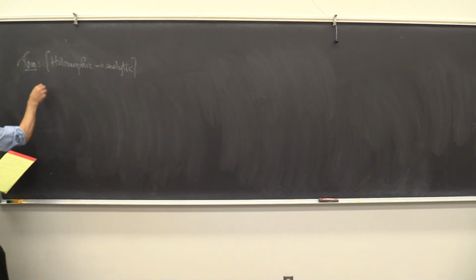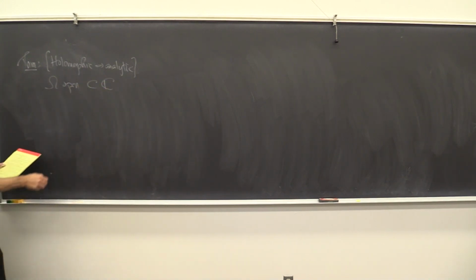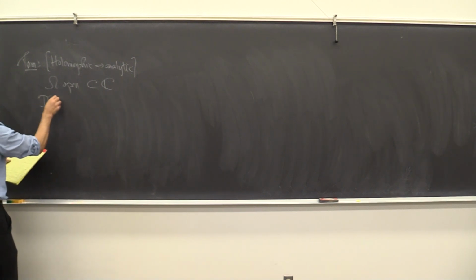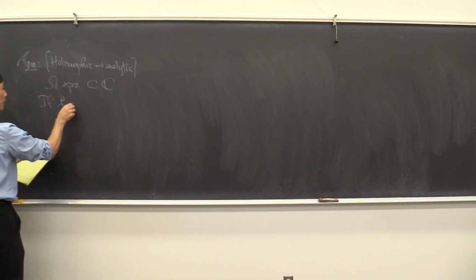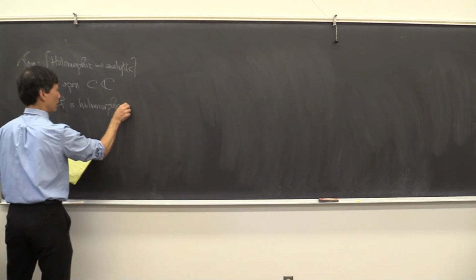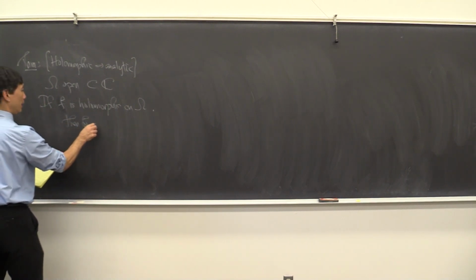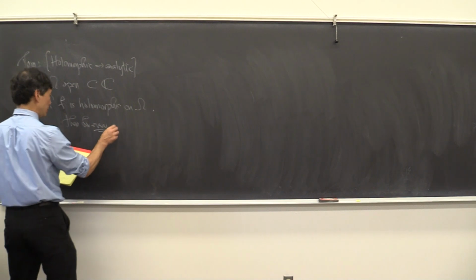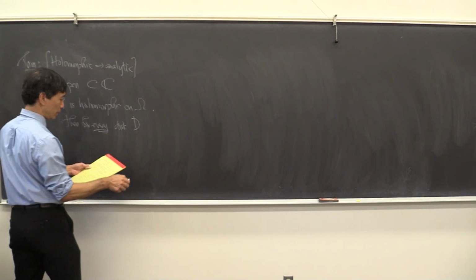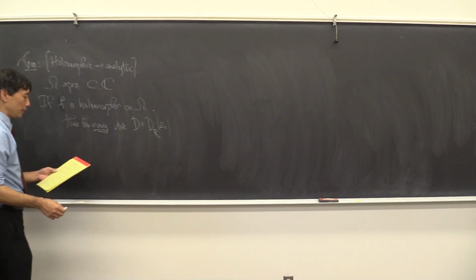Okay, so as usual, you have an open subset of C, omega, and if F is holomorphic on omega, then for every disk D, and let me call that D centered at some point. I'm going to specify the center and radius.